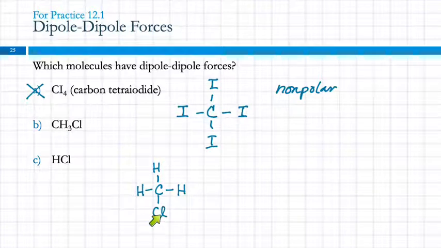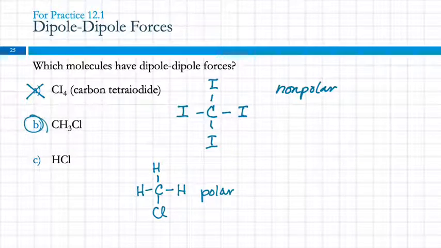The chlorine's more electronegative. And so this molecule is going to be polar. For this question, we don't have to know which direction the dipole moment is. We just need to say, is this lopsided? Yes, it's lopsided. This is polar. Does it have dipole-dipole forces? Yes. All polar molecules have dipole-dipole forces.